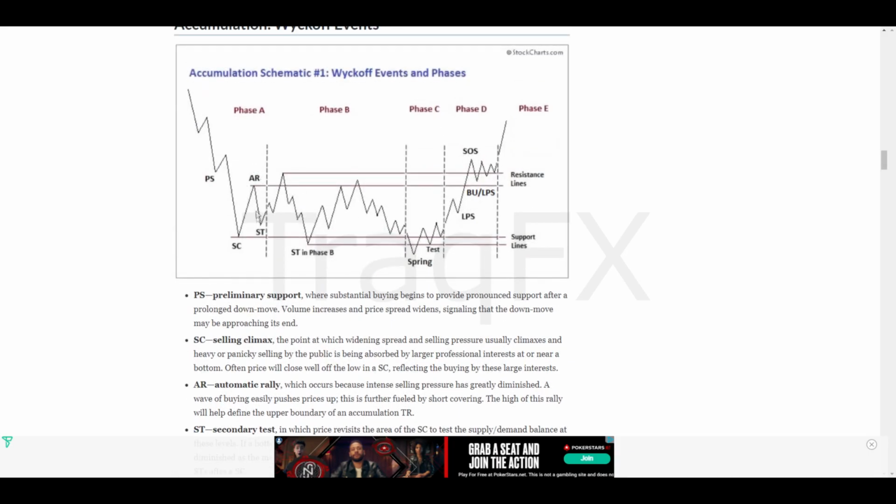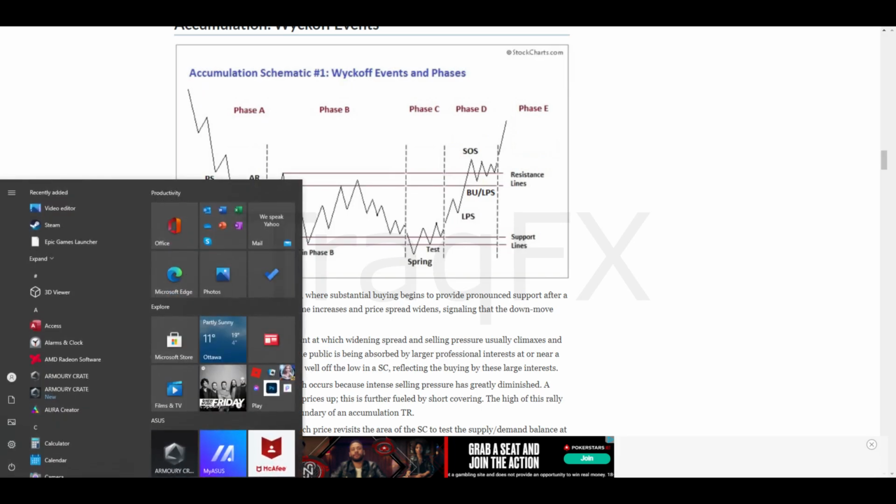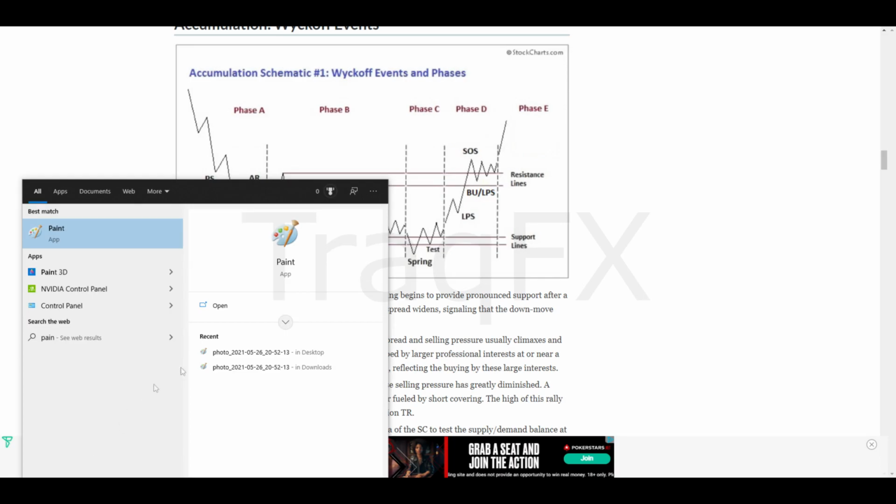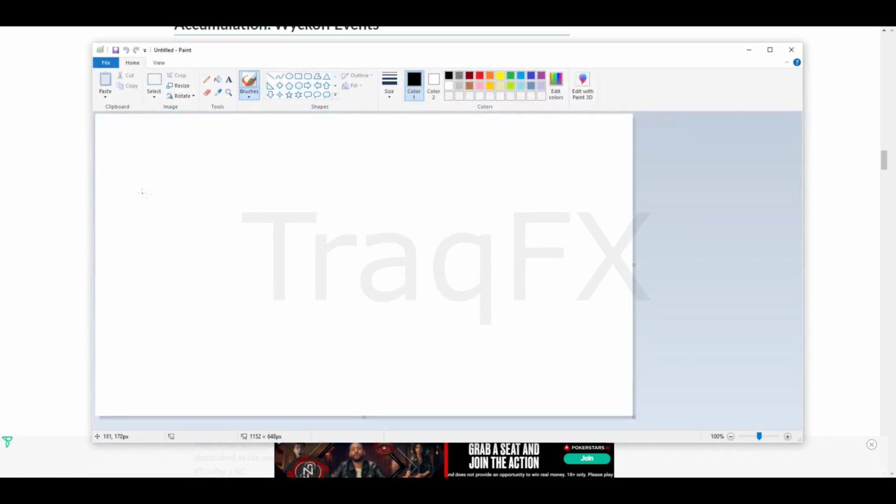Now a secondary test is basically the market coming back down to pick up any orders at the selling climax. So you know how we have order blocks and institutional candles and demand zones? Let me open this up in Paint and explain this in a really simple way. You have your markdown and then this push up.